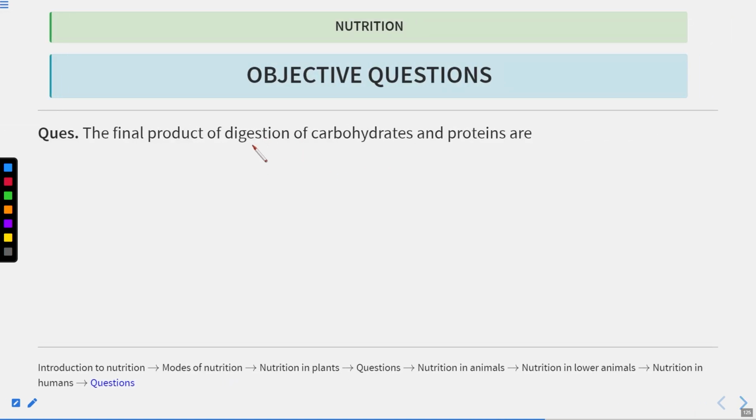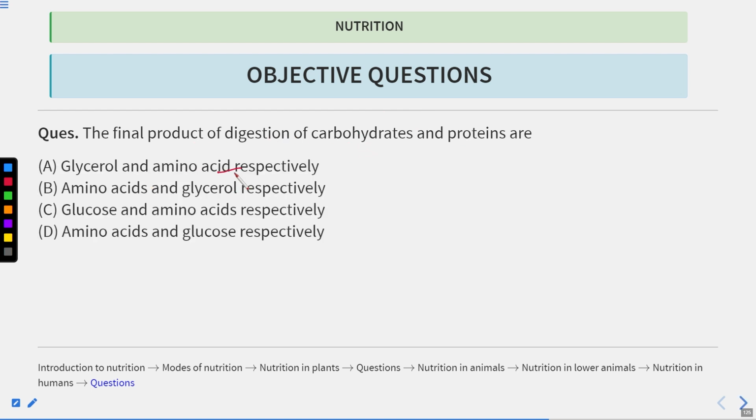Now the next question is the final product of digestion of carbohydrates and proteins. Carbohydrates and proteins are complex molecules, and the question is, what is the final product of digestion? The options are glycerol and amino acid, and glycerol, glucose and amino acid, and so on.